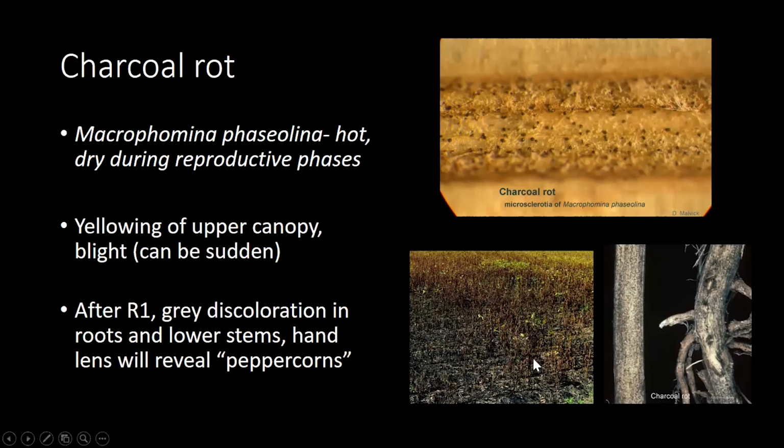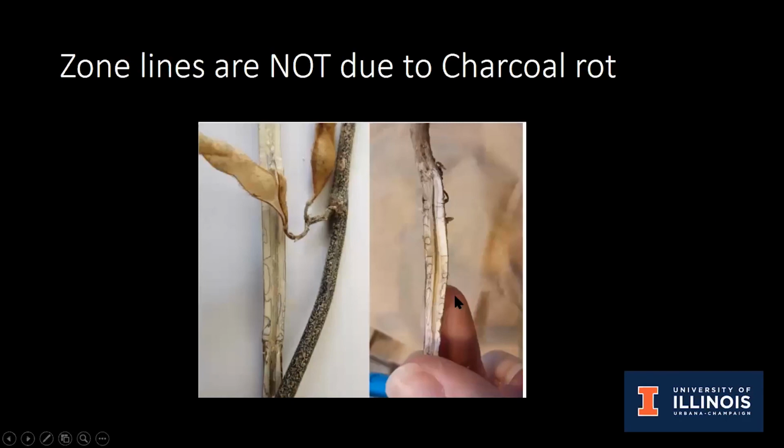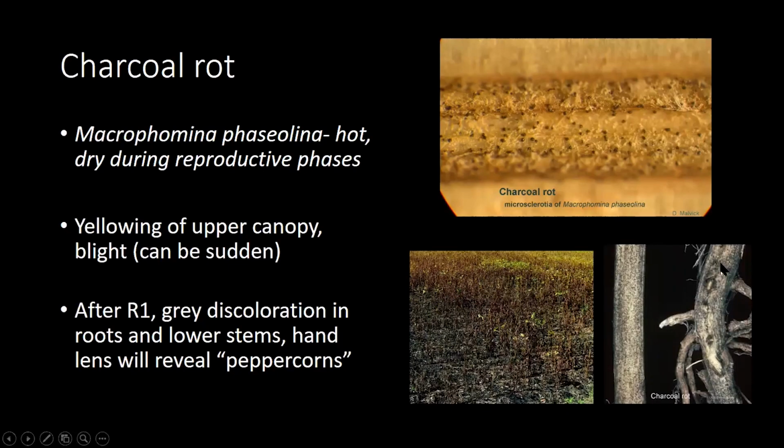We had some images sent to me this morning that I'm pretty sure are charcoal rot. If you get out there and start looking at those plants, you'll see very tiny pin-like structures, oftentimes on the outside of the stems. If you split those stems open, you're going to notice, and this is magnified, those little peppercorns in the center of the stems as well.